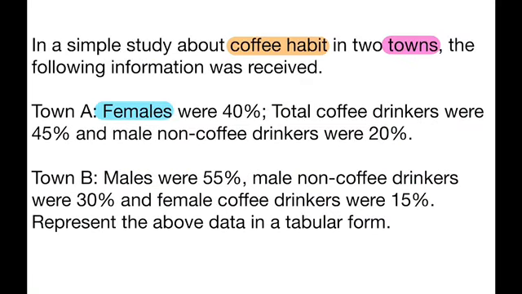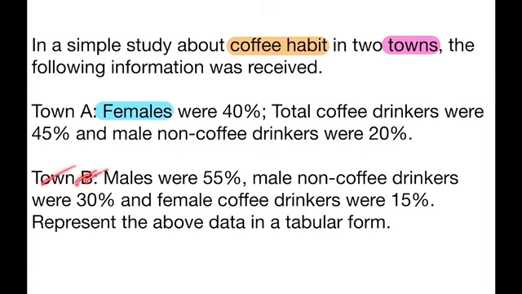Suppose you are given this question and you are required to present this data through a table. In a simple study about coffee habit in two towns, the following information was received. Town A, females were 40%, total coffee drinkers were 45%, and male non-coffee drinkers were 20%.